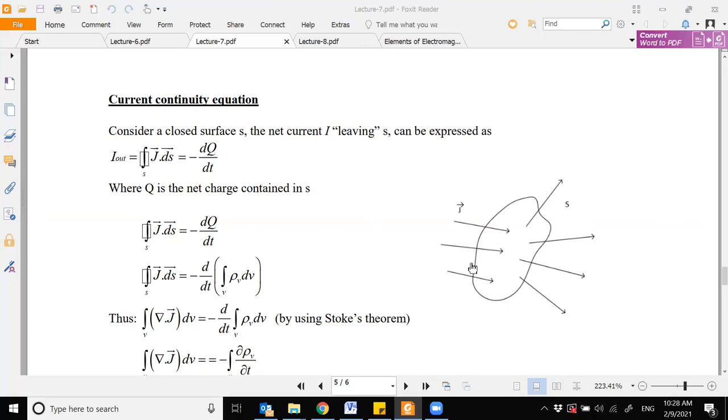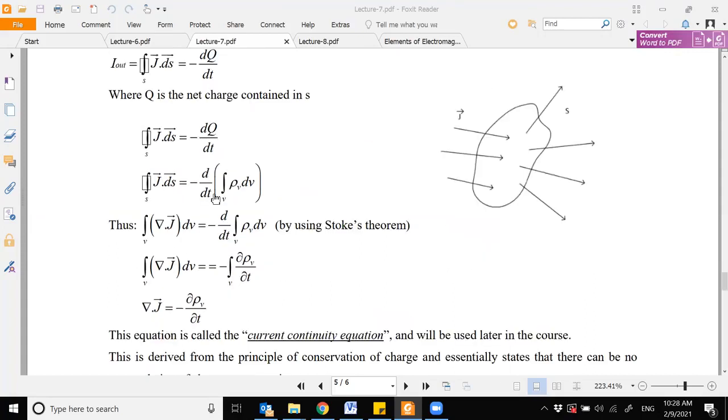So if this is your closed surface, then the amount of current coming out of it is J bar dot ds bar, and J bar is the conduction current density. You can think of it as the conduction current density everywhere. And it is a closed surface because we are doing the surface integration on the closed surface, like your soccer ball. And then this is equal to minus dq over dt.